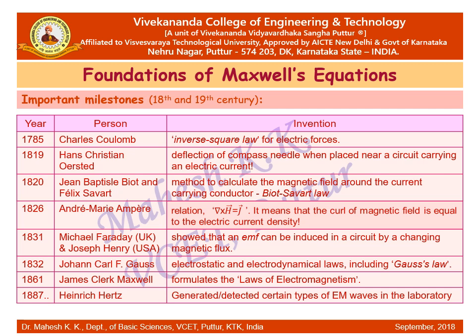In 1832, Carl F. Gauss formulated electrostatic and electrodynamical laws, including Gauss law. In 1861, James Clerk Maxwell formulated the laws of electromagnetism. He formed Maxwell's equations and later continued to the theory of electromagnetism.